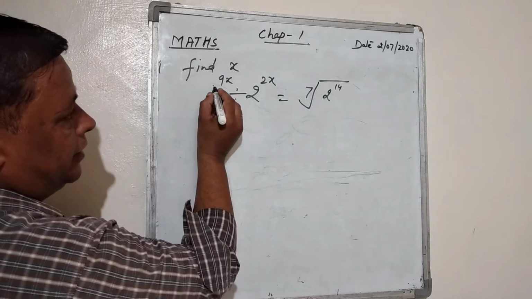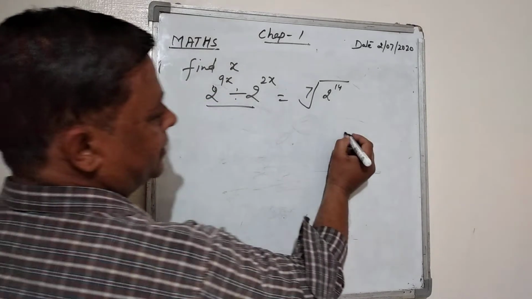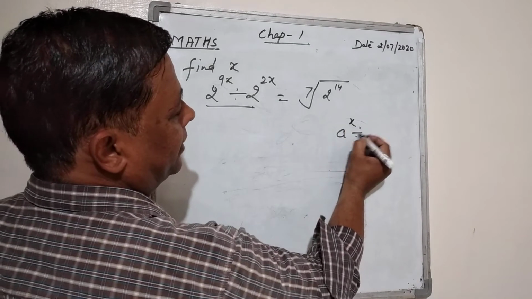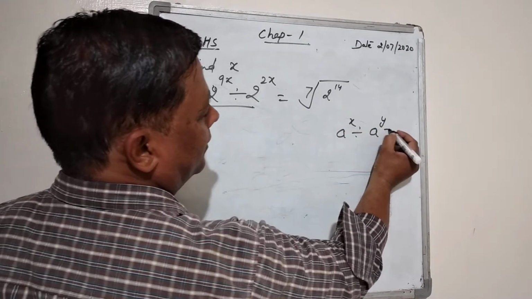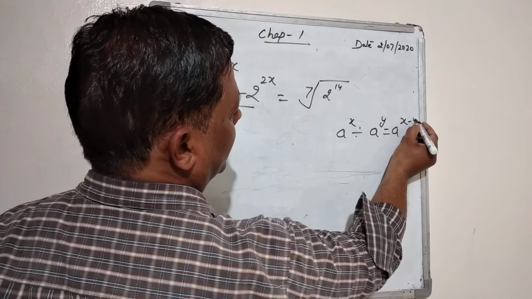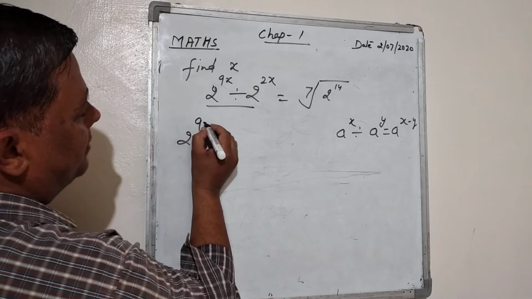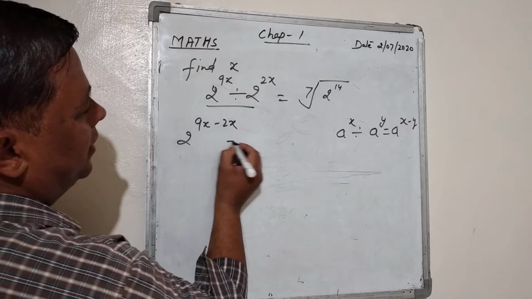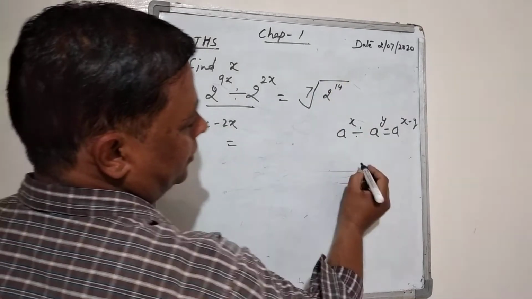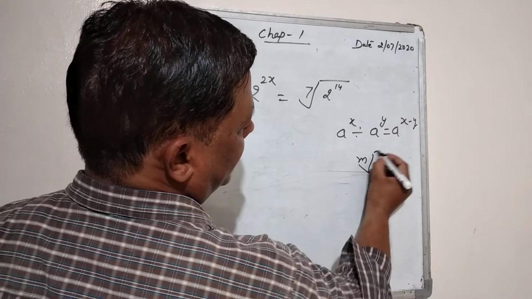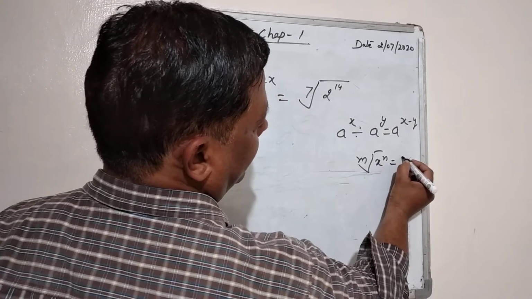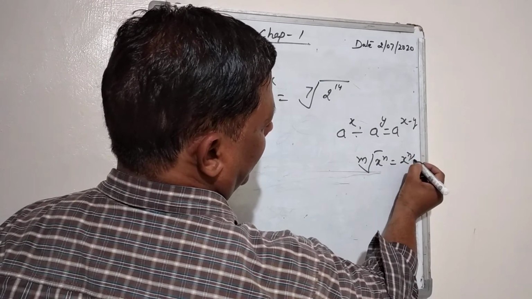Now here in the first part we use the law that a raised to the power x divided by a raised to the power y is a raised to the power x minus y. So here we have 2 raised to the power 9x minus 2x equals, here we use the last law, that is the nth root of x power n is x power n by n.